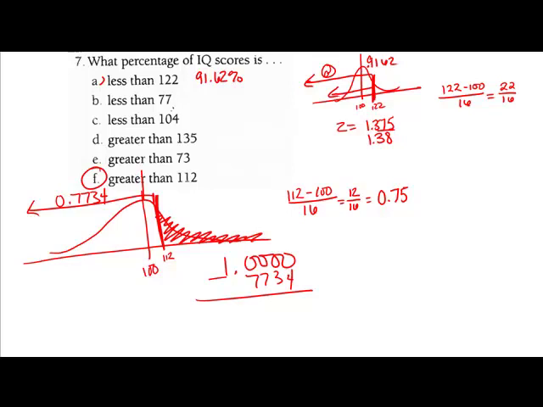I'm going to use the calculator. 1 minus 0.7734 equals 0.2266. So how much is it that is greater than 112? 22.66%.